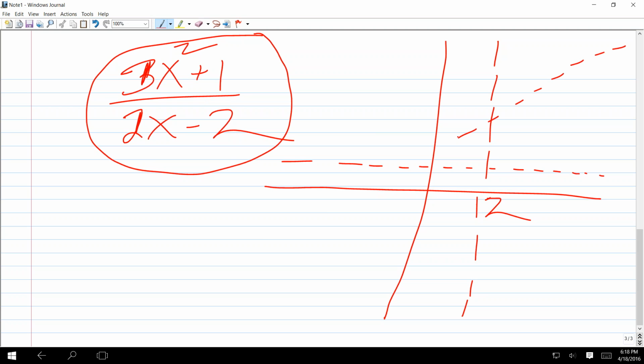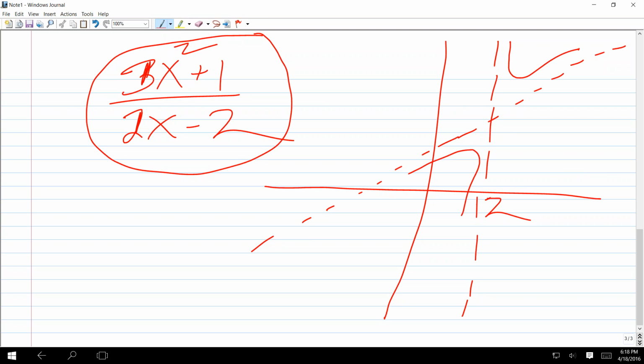That might look like that. And there wouldn't be a horizontal asymptote. So I'd be looking at something like that, and the graph might look like this. So you can have oblique asymptotes.